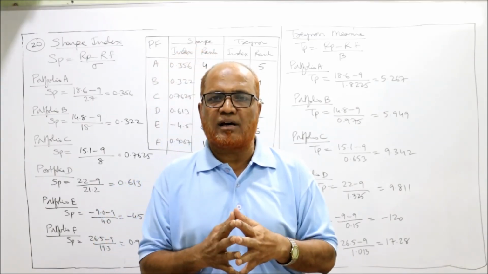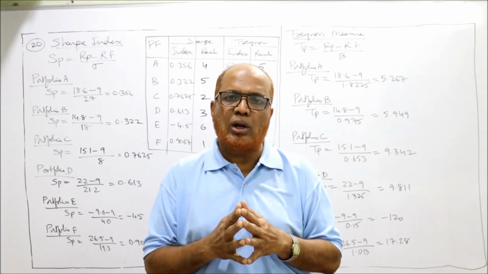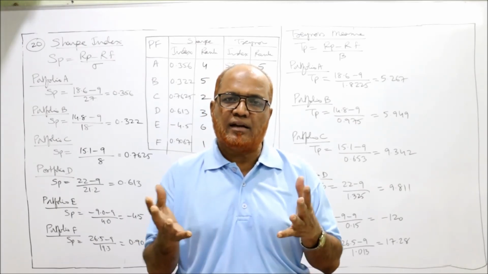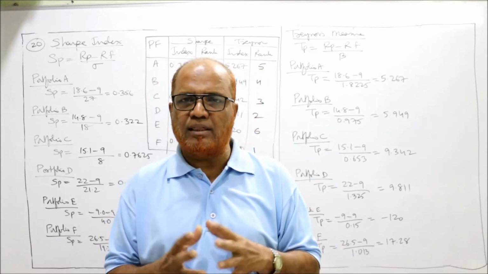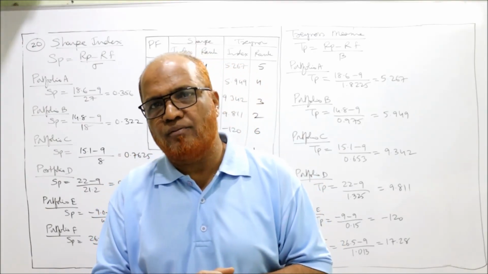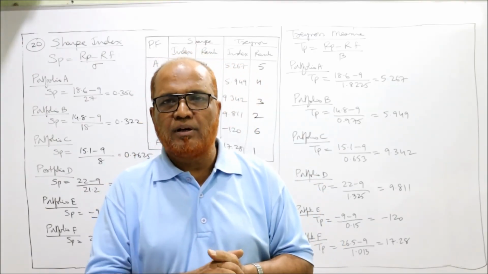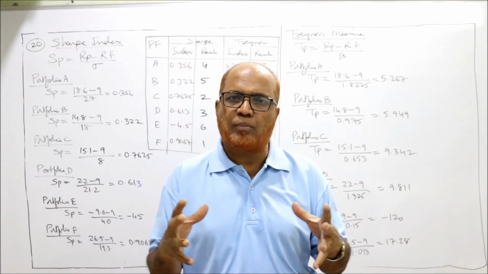Different types of returns are there, that is yield to maturity, YTM, yield to call, coupon yield, and the current yield. Different types of yield we have done the calculations. Apart from that, immunization of bond, duration, finding out the bond duration, those things we have discussed in unit number 2. We have done so many problems.